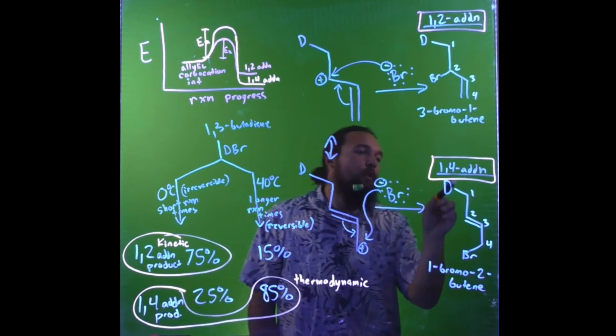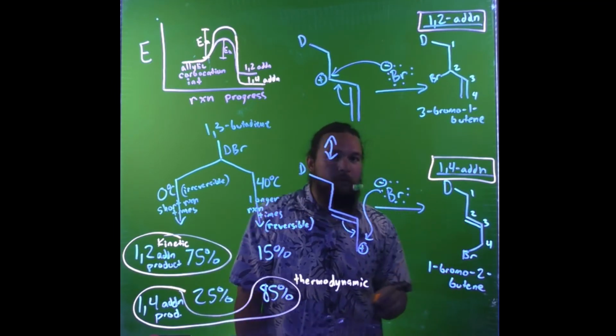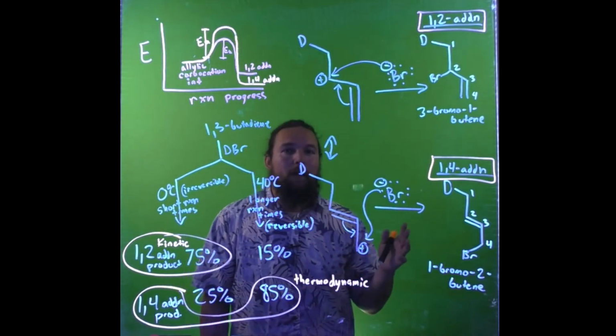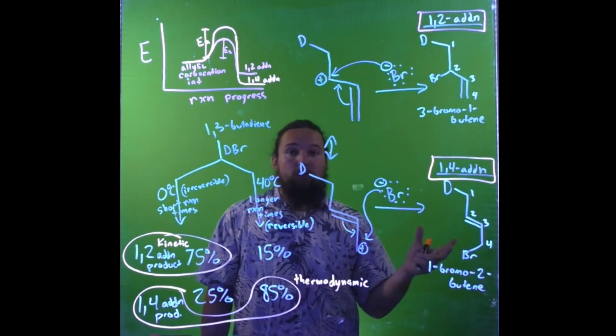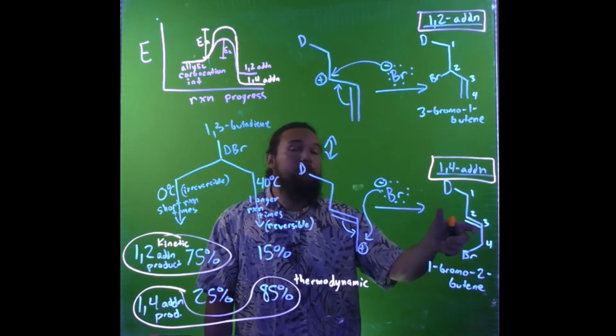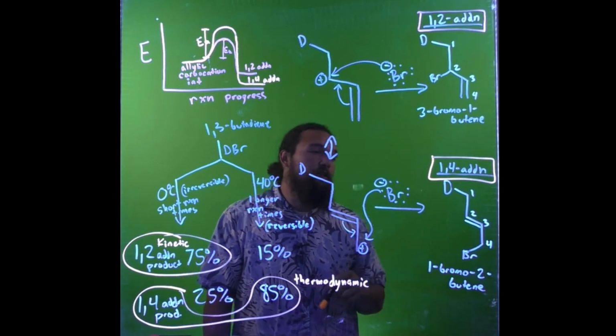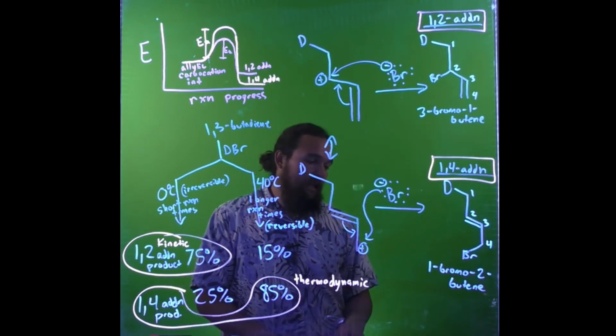The 1,4 addition product gives us a di-substituted alkene. And you may ask, what does that matter? Well, you should have learned in first semester OChem that the more substitution on an alkene, the more stable it is. This is due to a factor called hyperconjugation.